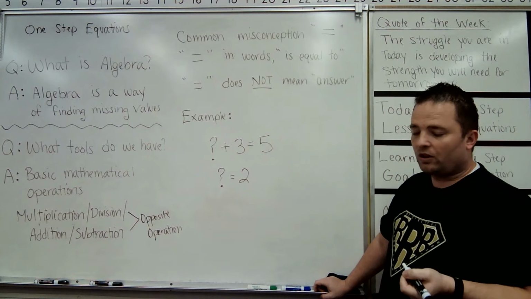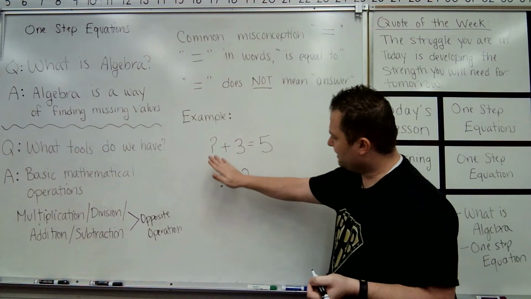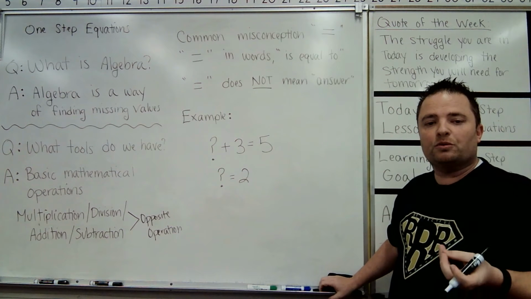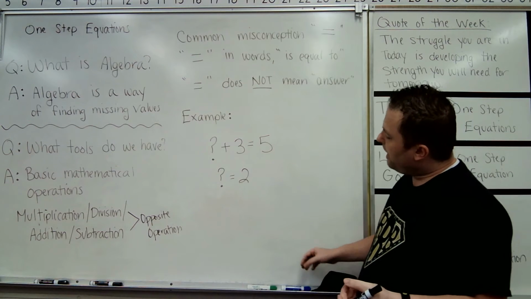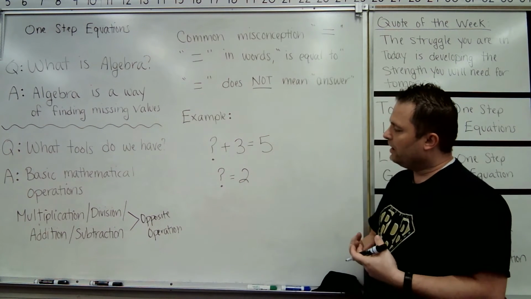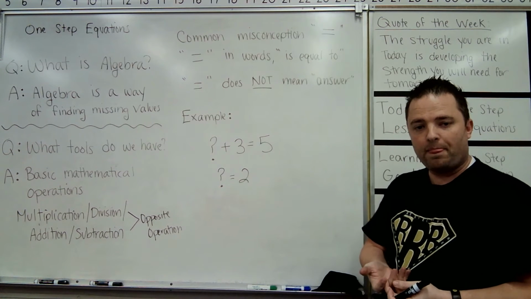But what I want to start doing is, instead of using this setup, write it in a more algebraic way. Because in math, they don't use question marks. This question mark is basically a way we can conceptually understand what's going on.